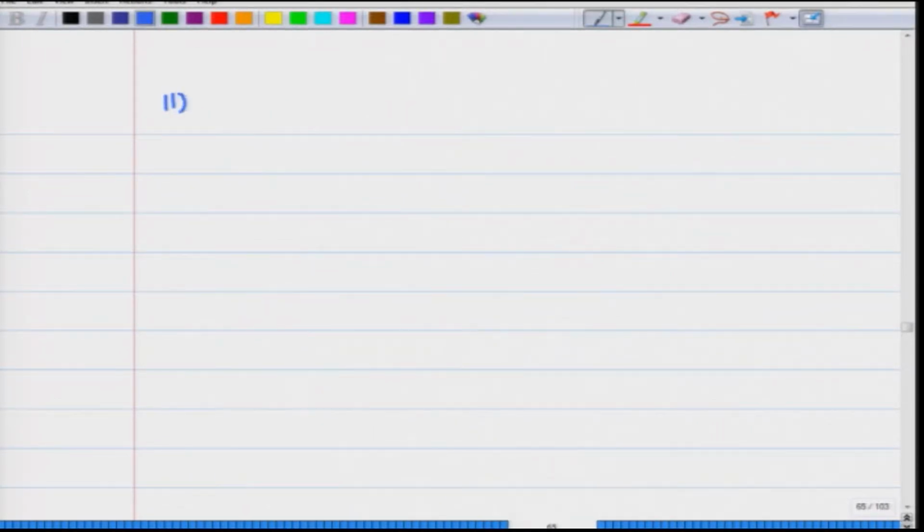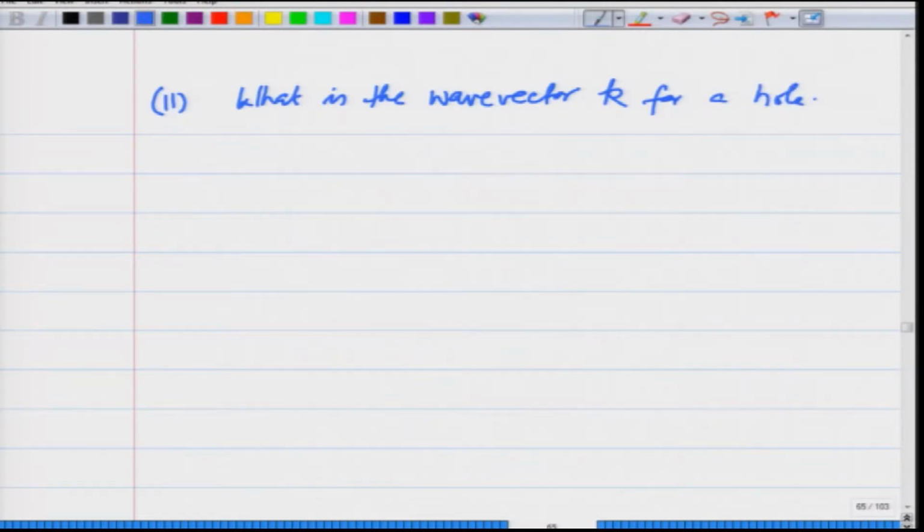Number 2, what is the wave vector? Because after all, I want to do the calculation just like I do for electrons, so I have to have all those quantities that I have for electrons for the holes also: the wave vector k for a hole. So, again let me make this picture of a band with all these electrons except one which is missing.